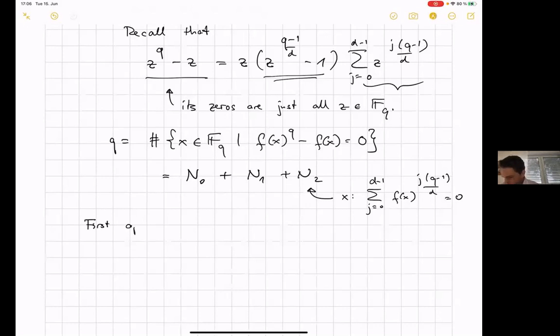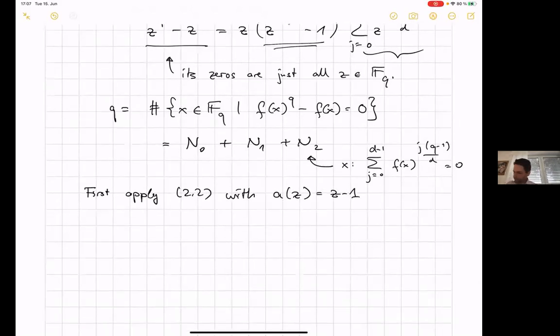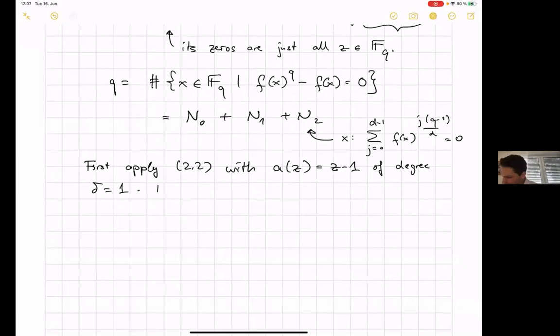So first, apply lemma 2.2 with the polynomial of degree 1, a of z is z minus 1, of degree delta equals 1. Then the set S that was bounded in that lemma is the set of x in Fq such that either f of x is 0 or g of x minus 1 is 0.